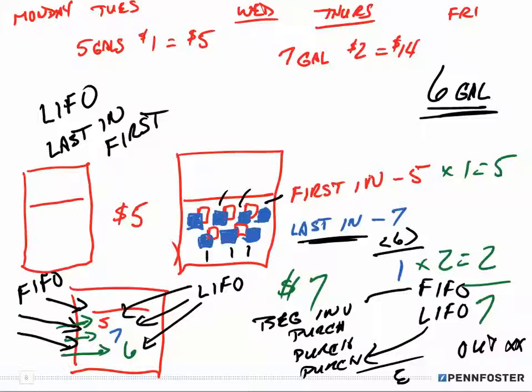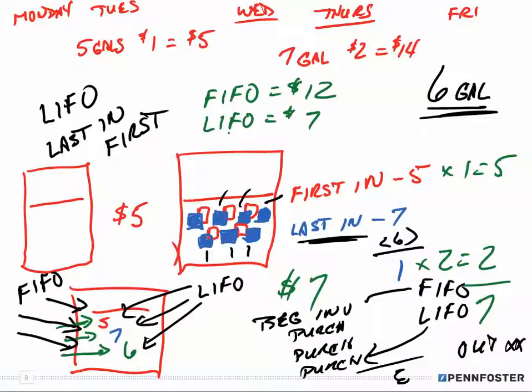And whatever was left in the refrigerator, we calculated and came up with the valuation. When we had done the valuation for FIFO, we had determined that the value of the inventory after we took out the 6 gallons was $12. And for LIFO, we had found that it's $7.